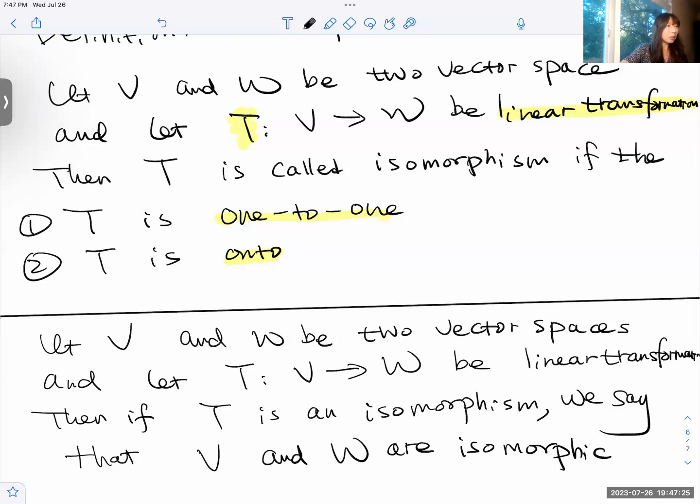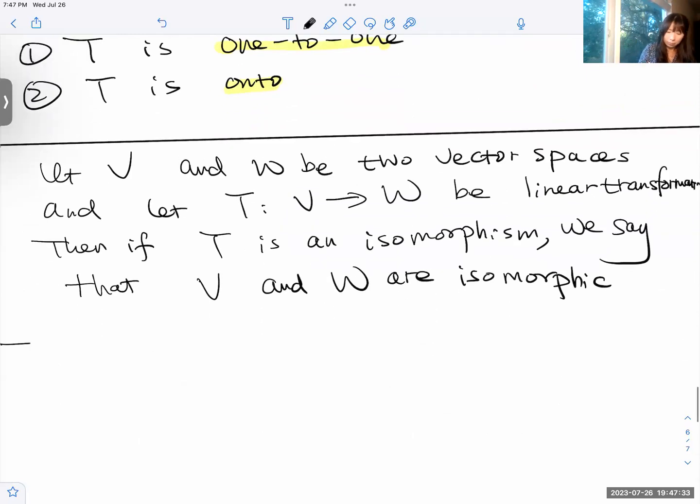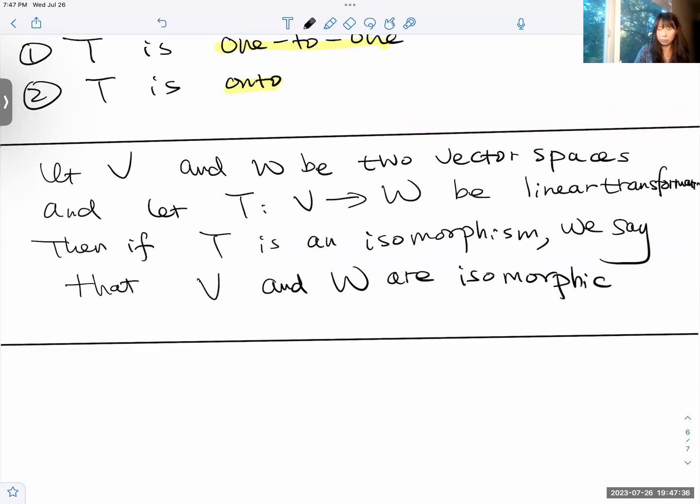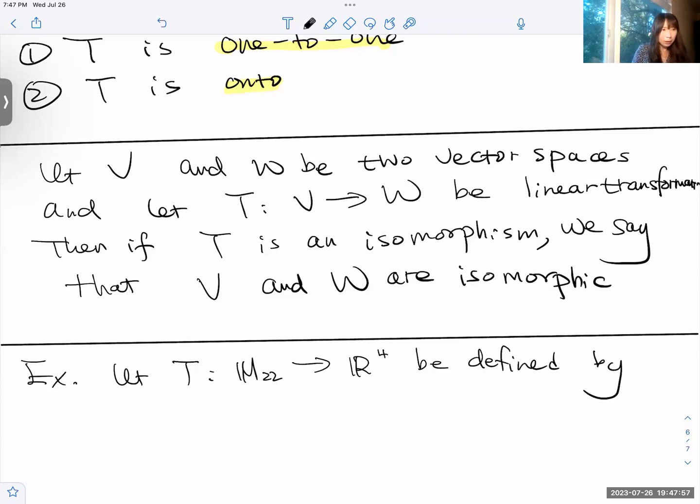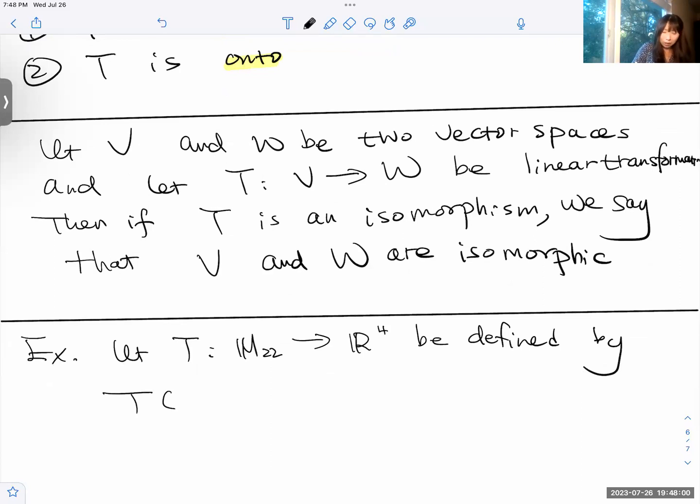Let's do one problem. The transformation from 2x2 matrices to R4, the 4-dimensional space, right? So it is defined by: we have a transformation T of a, b, c, d, which gives us 4 entries, right?